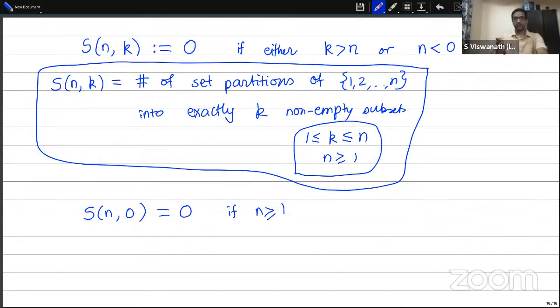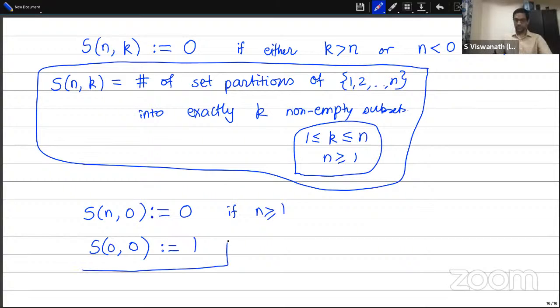Meaning if I have a non-empty set, I cannot partition it into a union of 0 subsets. I should have at least one subset. So this is also fine, logical. And the only thing we have missed out in all of this is how do you define S(0, 0)? That we define as 1.